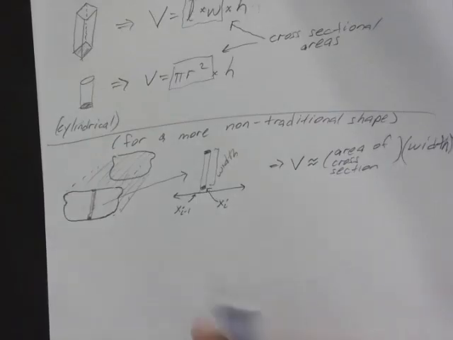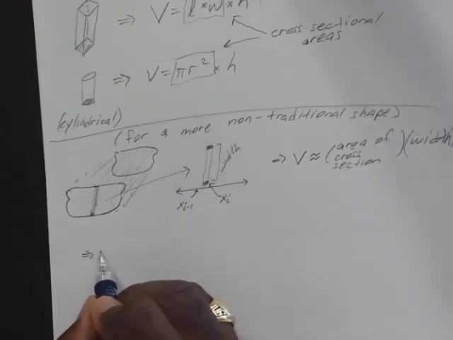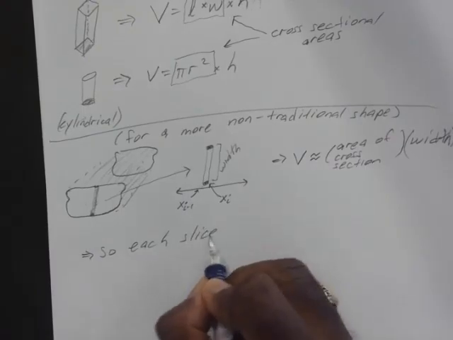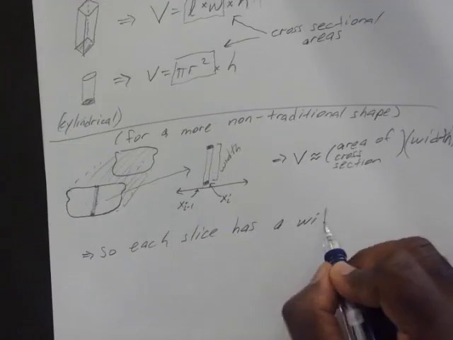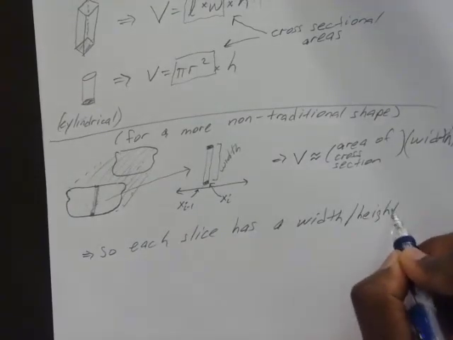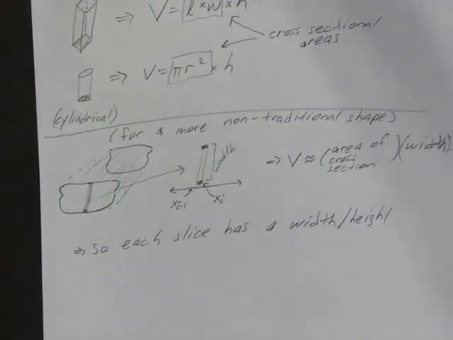Okay, so we know that each of those little cylindrical slices has a width or height, depending on which direction. Actually, I'll change that back to height.